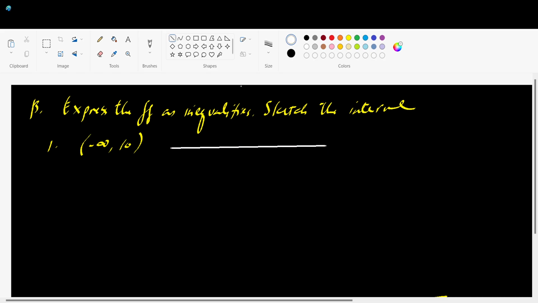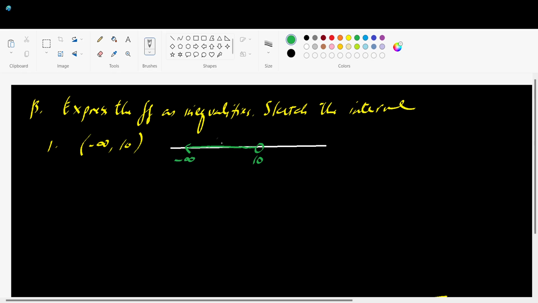Let's first make a sketch of the interval. The number is 10 and it is open at 10. So from negative infinity to 10. Alright?